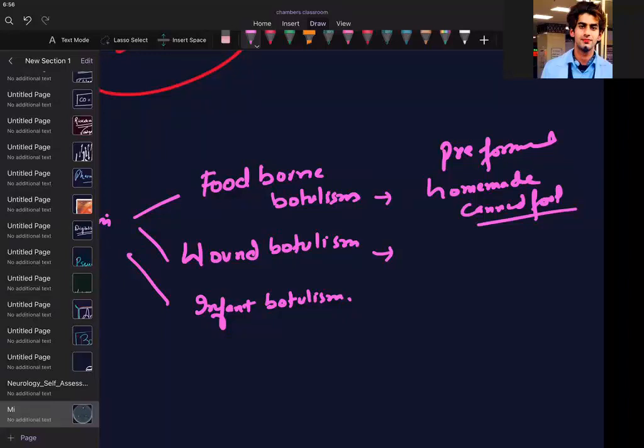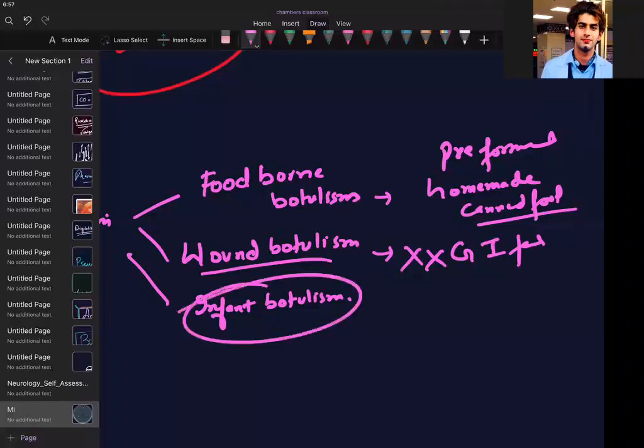He did not eat any toxin. So why would he show gastrointestinal features? It was only because he took contaminated food that he had gastrointestinal features. So wound botulism won't show any GI symptoms. This is how we can differentiate. Fine, easy. It is easy to understand, isn't it?